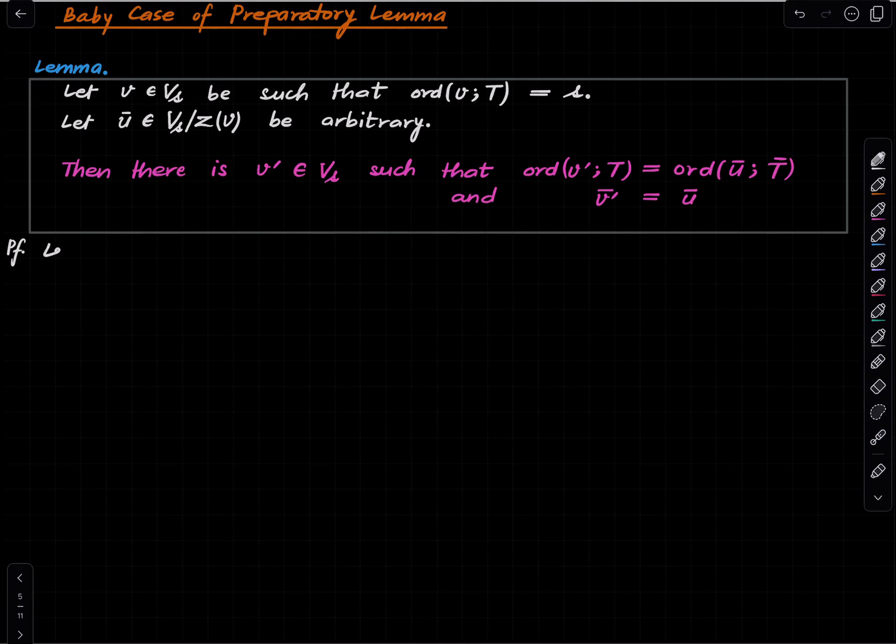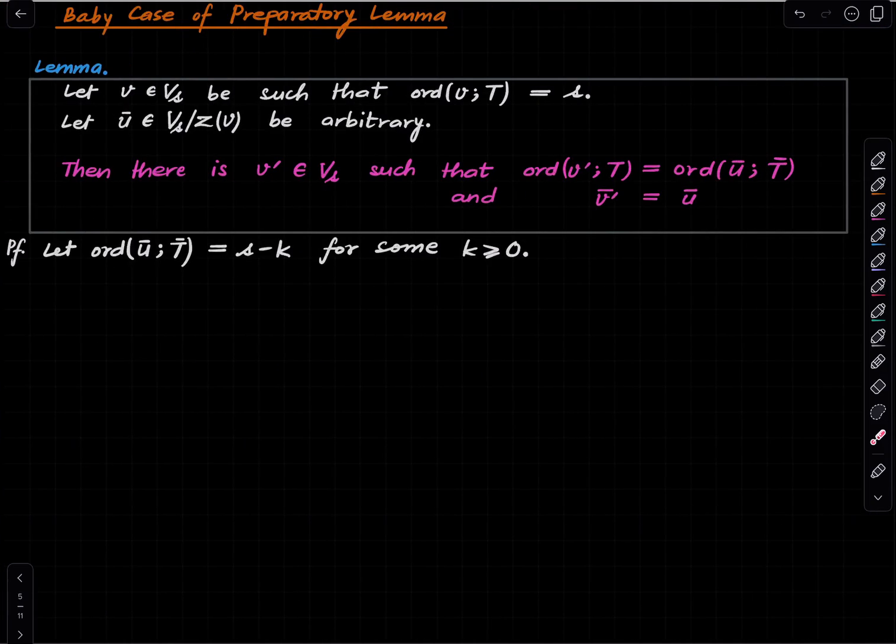So let's say the order of u bar is, let's say, s minus k for some non-negative k. Now it's going to be of this form because the order of anything here is at most s. So the order of anything here is also at most s. The saturation exponent of t is only dominating the saturation exponent of t bar, clearly. Okay?